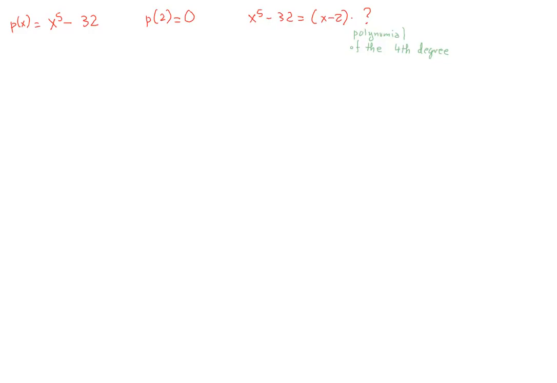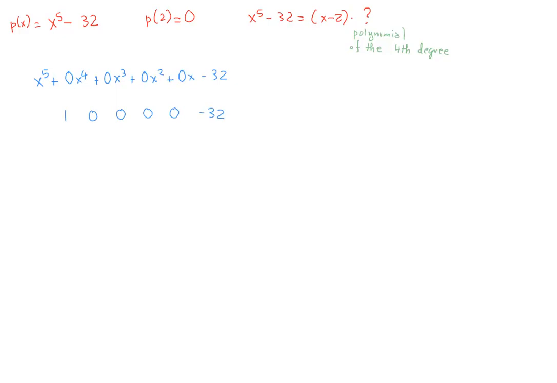Okay, let's do it together now. So first of all, we have to understand what the missing coefficients are. So it's pretty much x to the 5th plus 0 times x to the 4th plus 0 times x cubed plus 0 times x squared plus 0 times x minus 32, which means that we have to write the numbers 1, 0, 0, 0, 0, negative 32.